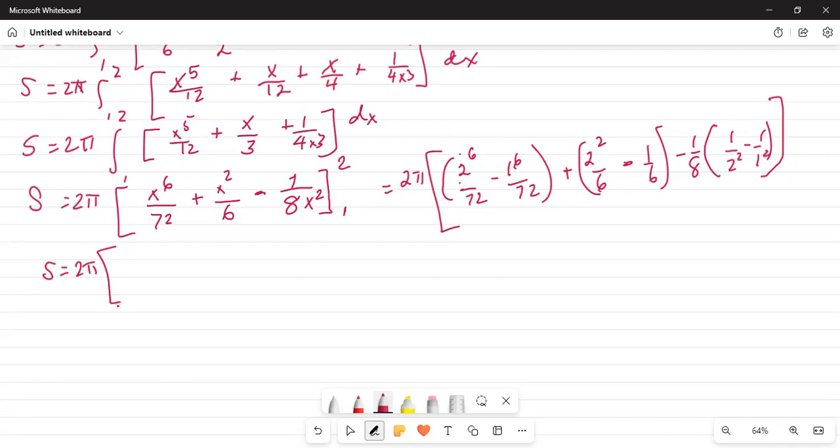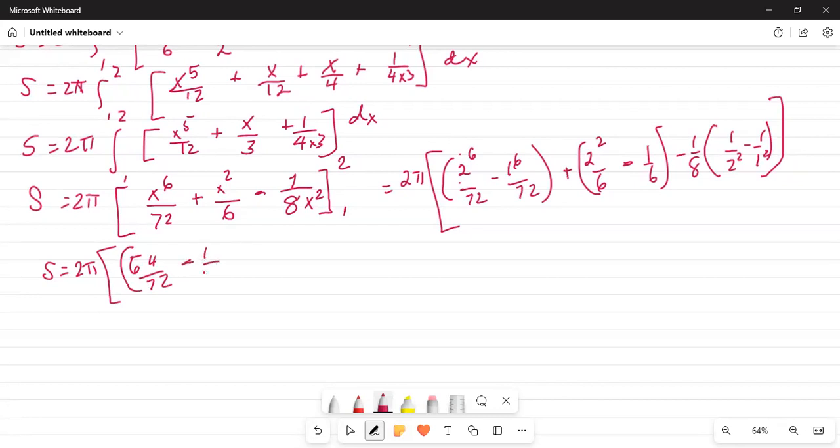Let's check: 2 cubed is 8, so 8 times 8 is 64, over 72.